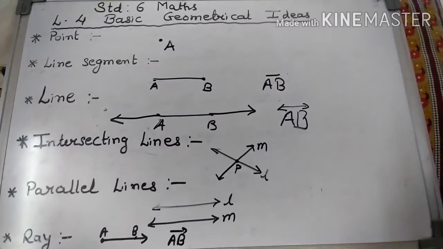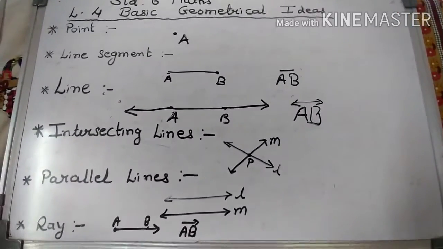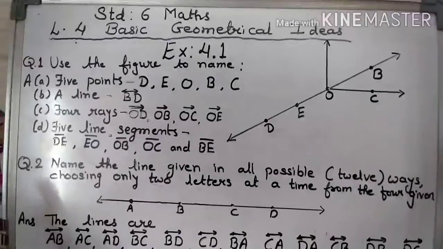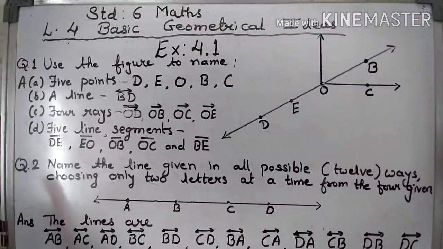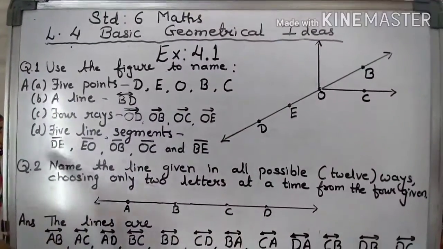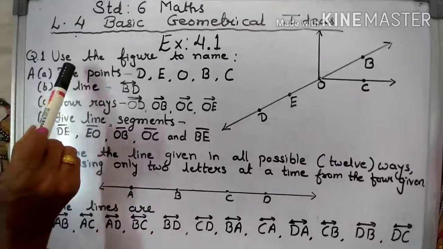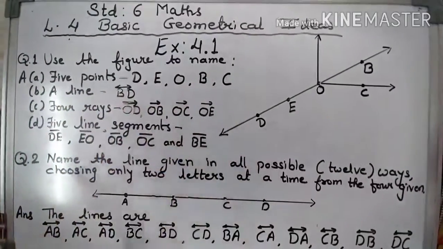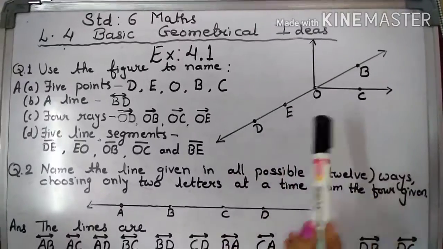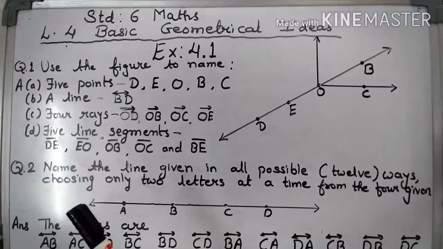Now let's move to our exercise 4.1. Hello students. Today we will start exercise 4.1. Question number 1. Use the figure to name. Students, one figure is given in your textbook in this exercise.